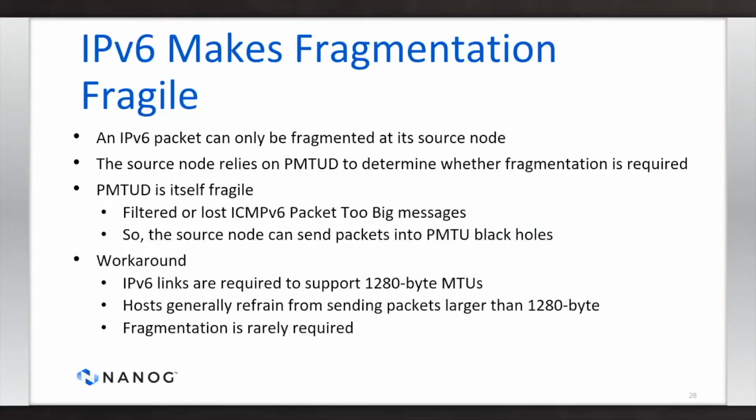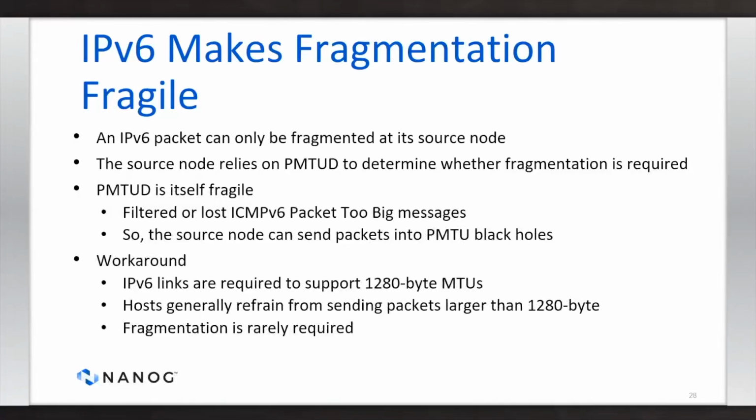In IPv4, we had a DF bit that told you whether or not downstream nodes could fragment the packet. So if a packet left the source too large to be sent without fragmentation, it might be fragmented downstream if the DF bit was 0. Well, in IPv6, only the source node can fragment the packet.